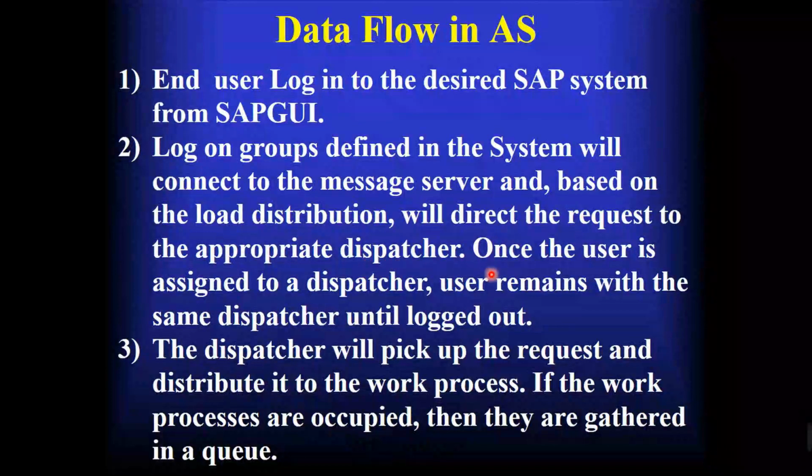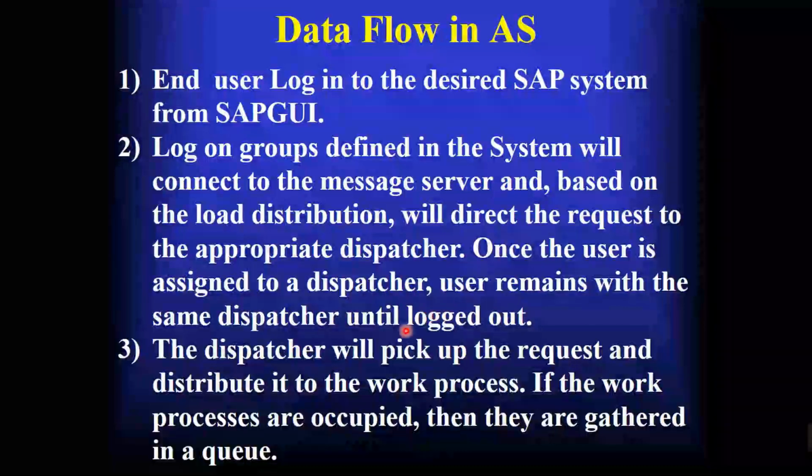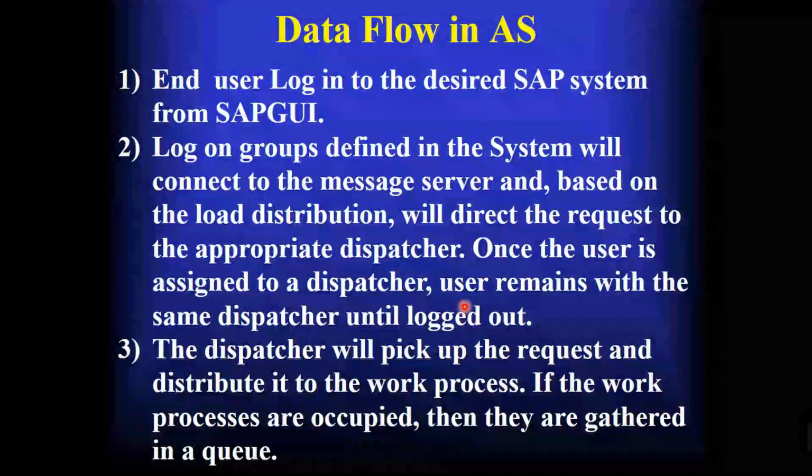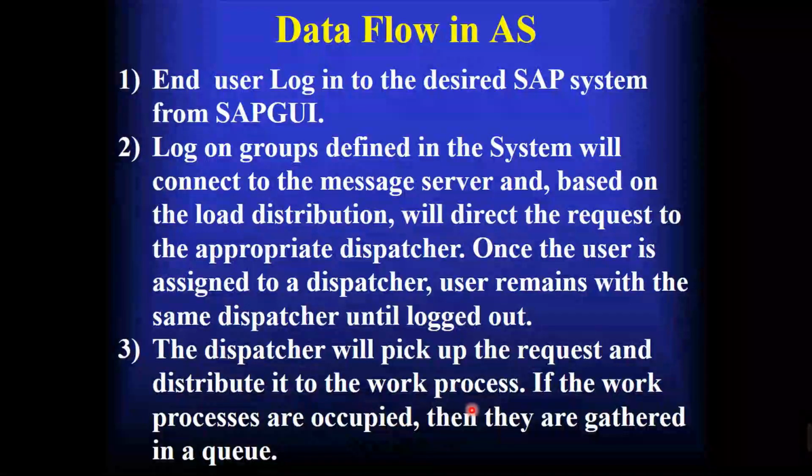Now once the user is assigned to a dispatcher, the user remains with the same dispatcher until logged out. That means until the whole process is completed with that particular dispatcher, the user stays with it. Next, the dispatcher will pick up the request and distribute it to the work process.